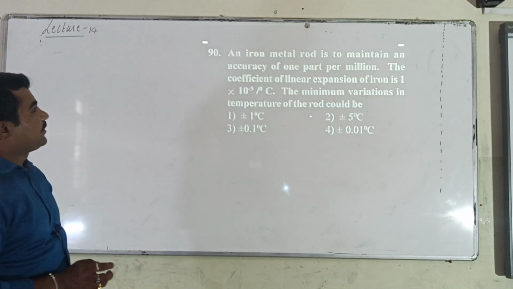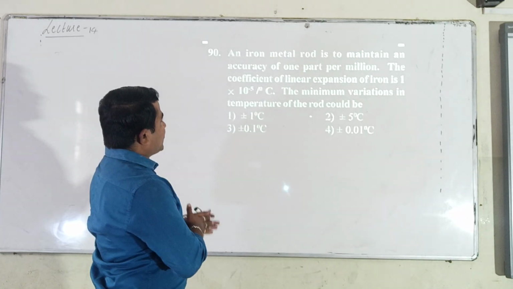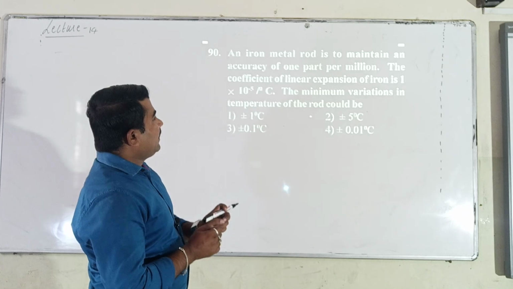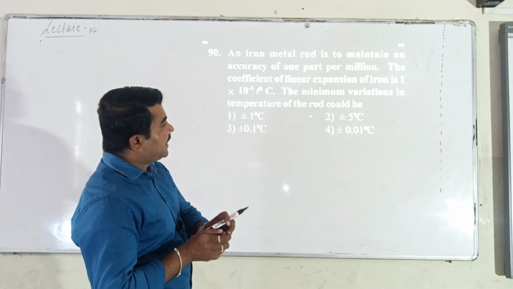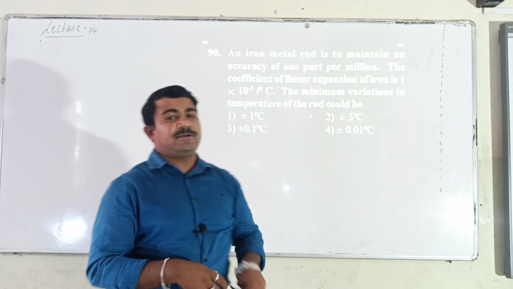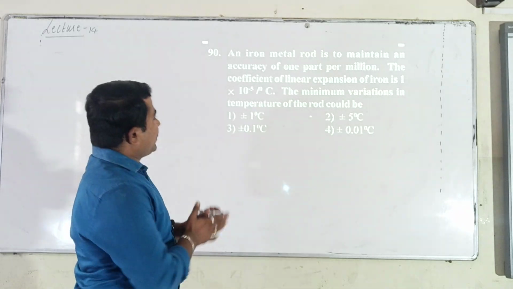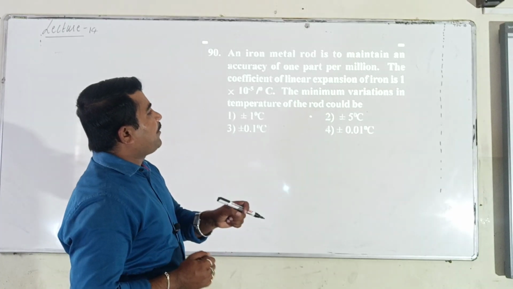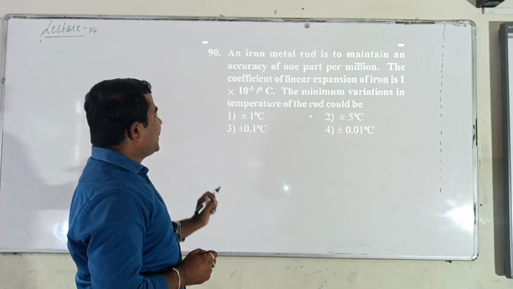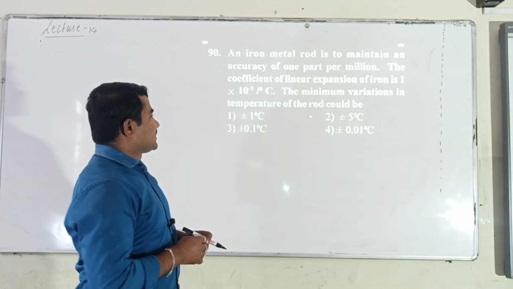Next numerical. An iron metal rod is to maintain an accuracy of 1 part per million. The coefficient of expansion of iron is 1 into 10 raised to minus 5 per degree Celsius.